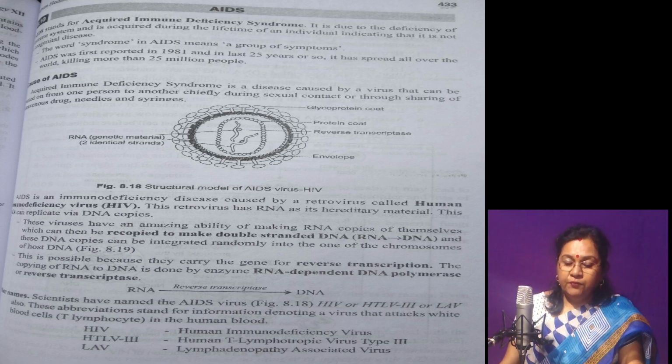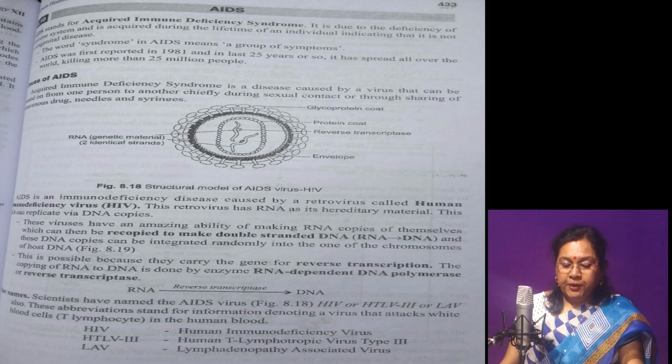Now, how is HIV transmitted? It is transmitted by sexual contact with the infected person, by the transfusion of contaminated blood and blood products, by sharing infected needles, and from the infected mother to the newborn baby.